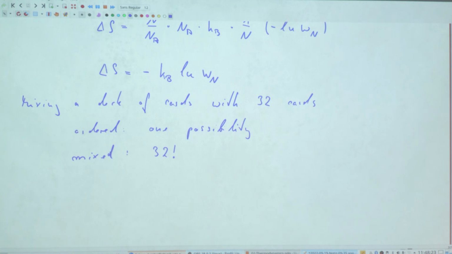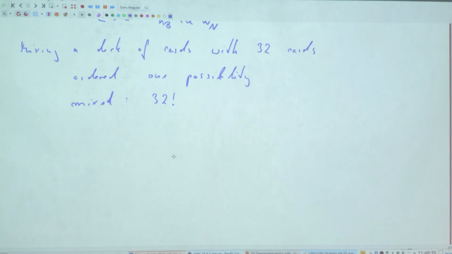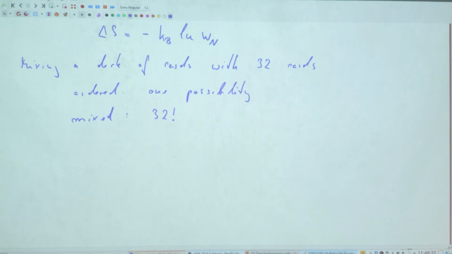Factorial. And if you want to calculate this on your calculator, perhaps it just works, but normally it's an overflow. But there is this very simple formula.